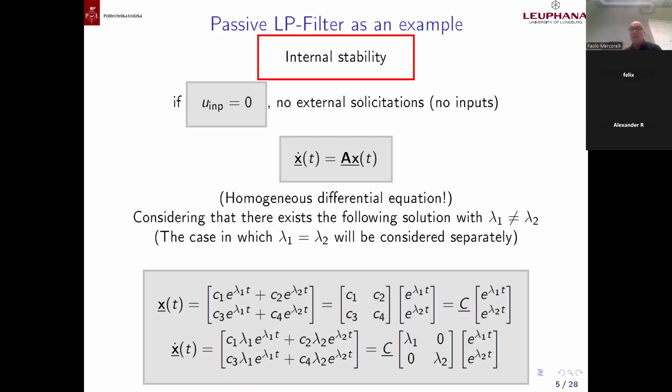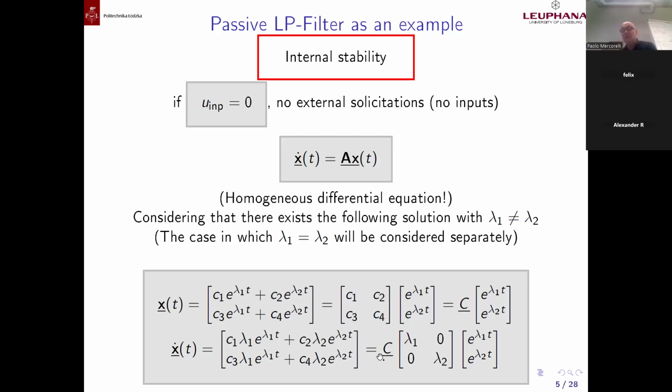In which basically we have something like here, C1 multiplied by lambda 1, C2 multiplied by lambda 2, C3 multiplied by lambda 1, C4 multiplied by lambda 2. Believe me, but if you don't believe, please do the calculation at home, but it's extremely easy. No? The product of two matrices, 2 times 2.